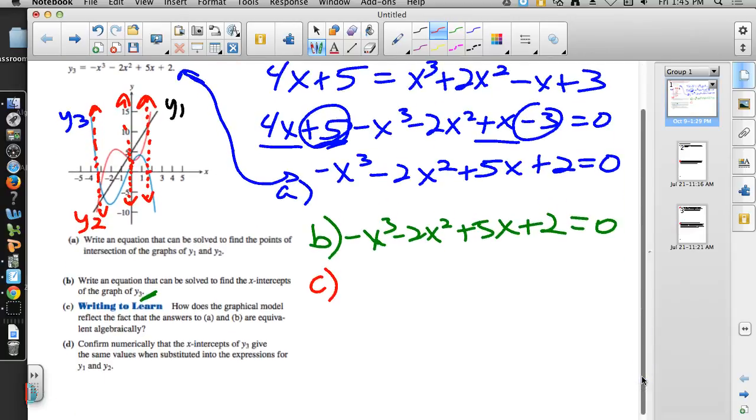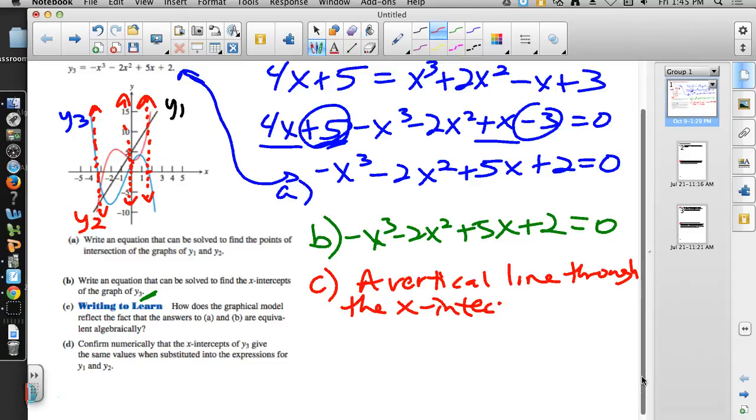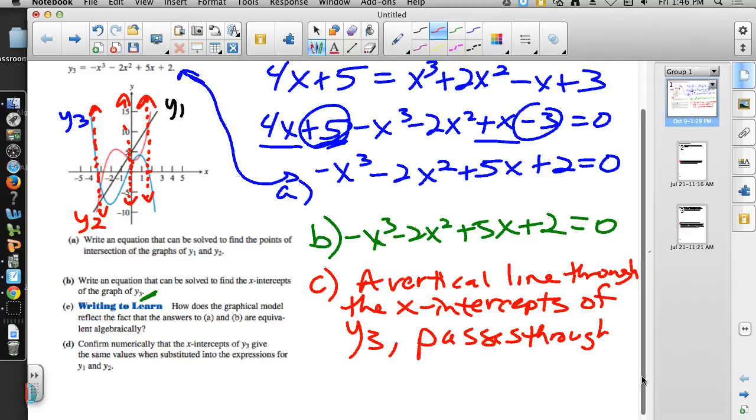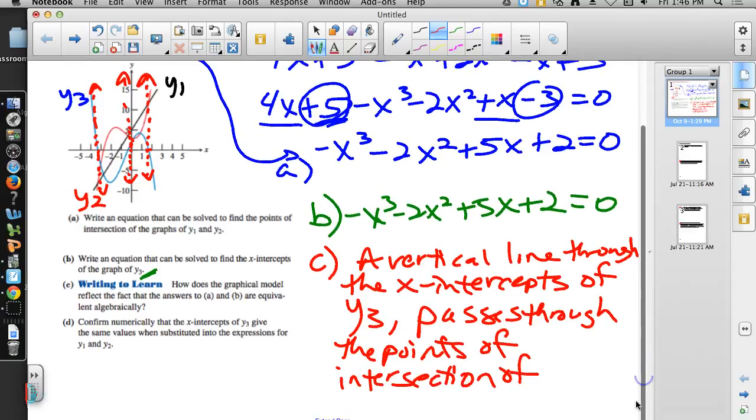We say that a vertical line through the x-intercepts of y sub 3 passes through the points of intersection of y sub 1 and y sub 2.